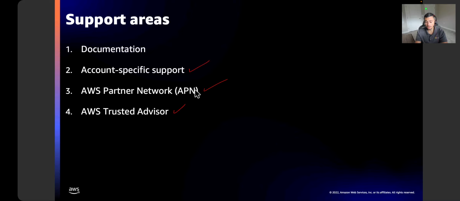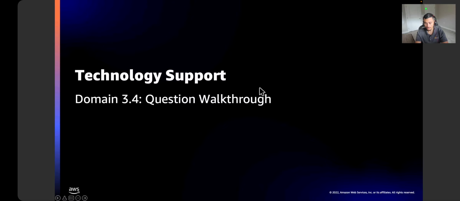And then we also have AWS Trusted Advisor, which, as we said, is a service that's enabled in your account that's automatically running checks to make sure that you're following AWS best practices. And also here, your support plan would dictate what level of checks or what detail of those checks AWS Trusted Advisor does in your account, right?